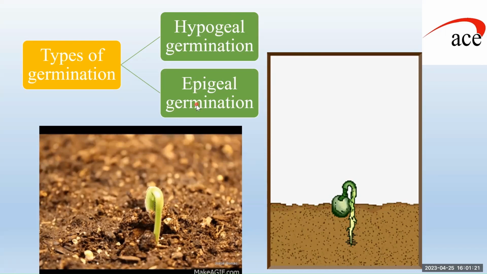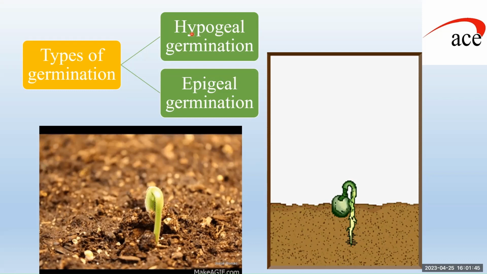If the hypocotyl elongates, the cotyledons are pushed above the ground, and this is called epigeal germination. In hypogeal germination, the cotyledons remain underground, and the epicotyl is the one elongating faster.